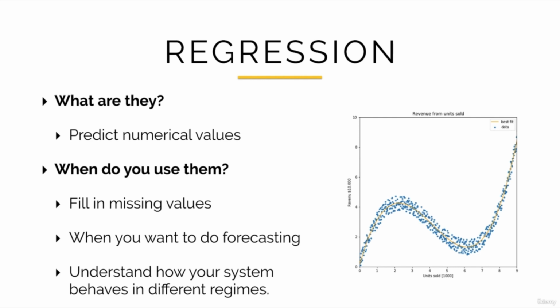But of course, that being said, you should also be aware that sometimes or often when you create a model, it's only going to be valid for the data range that you're creating it on, rather than on the whole set of data.